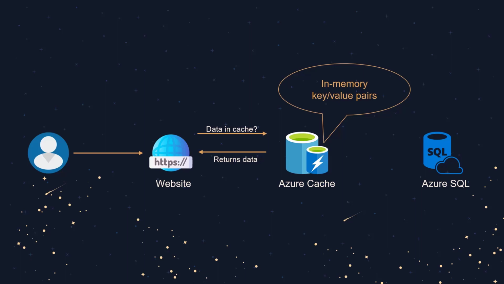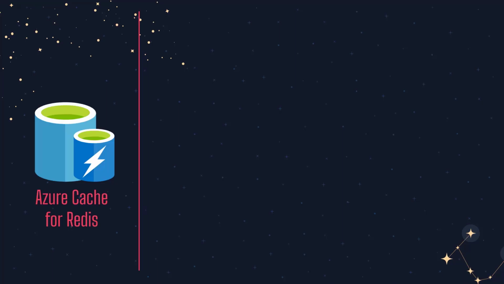With that brief overview, let's see some benefits Azure Redis Cache brings to the table. Now that we have seen the advantages of caching our data, we have the Azure Redis Cache, which is a high-performance caching service that provides an in-memory data store for faster retrieval of data.